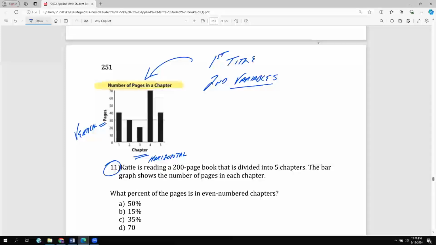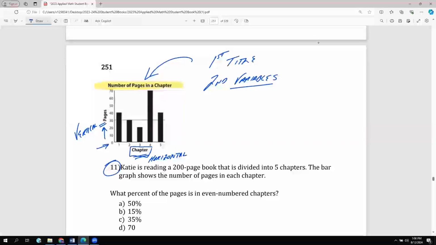You want to see what variables are being measured. As you can see, on my horizontal axis, it's the number of chapters, or the chapter numbers: 1 chapter, 2 chapters, 3 chapters, 4, 5. And on the vertical axis, I see the number of pages, and it starts at 0 and then increases as I go up. Okay, so those are my variables being described, compared, or measured, however you want to describe it.